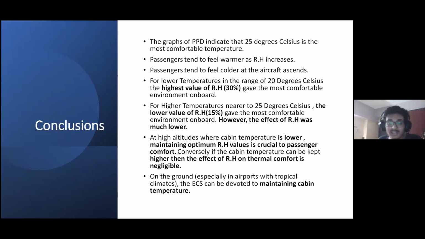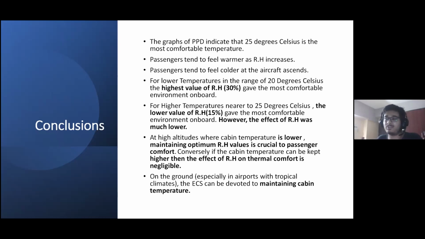So the ECS system need not work as hard to maintain an optimum relative humidity when the plane's on the ground. When the plane's on the ground, there's of course going to be humidity coming in from the atmosphere. So someone can argue that there's no need for the aircraft to push the ECS to maintain a system on board.